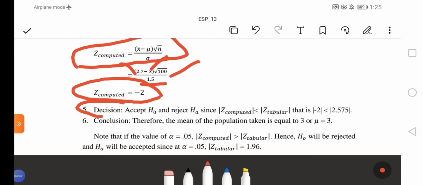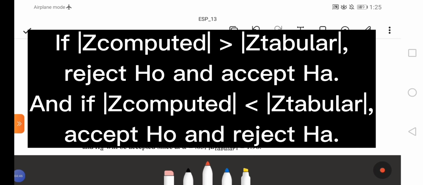vice versa? Okay, ganito. When the absolute value of z computed is greater than the absolute value of z tabular, we have to reject the null hypothesis and accept the alternative hypothesis.